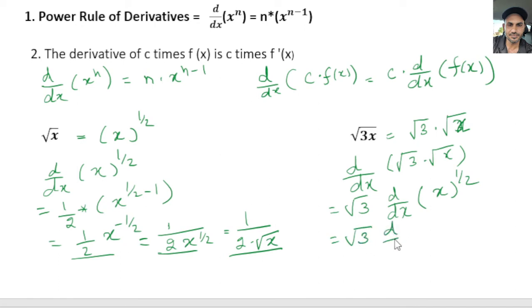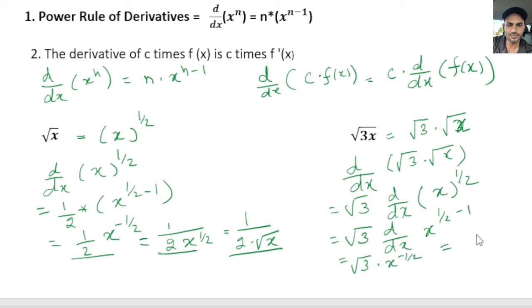So we have d over dx of x to the 1/2 minus 1. And when we simplify this further, it becomes the square root of 3 times x to the negative 1/2.